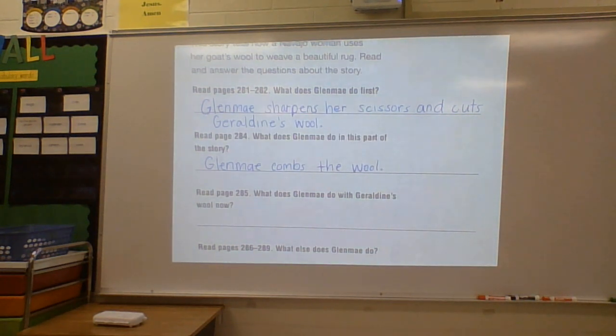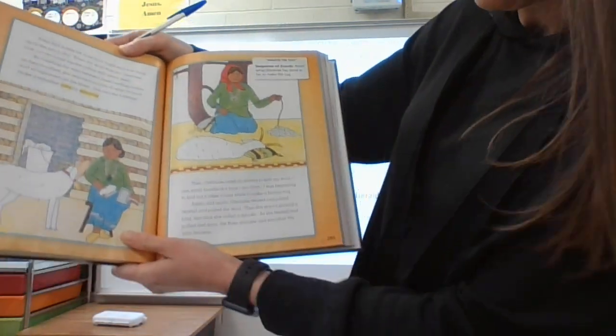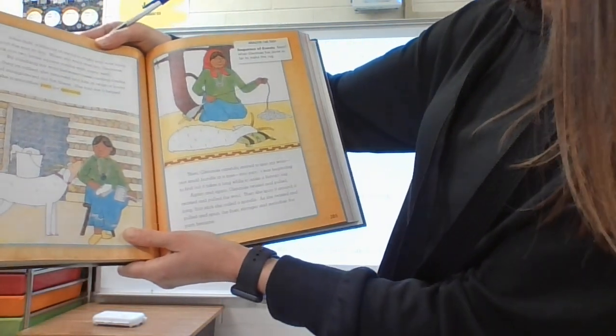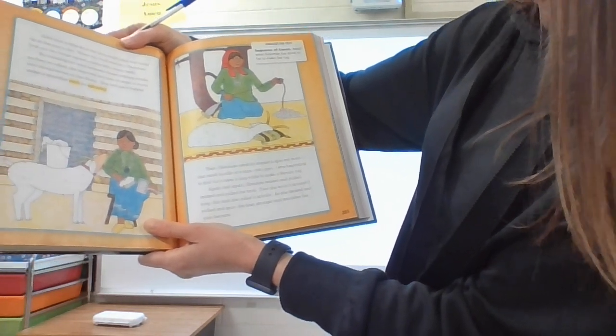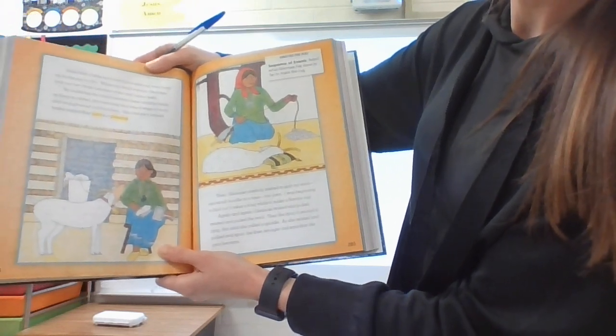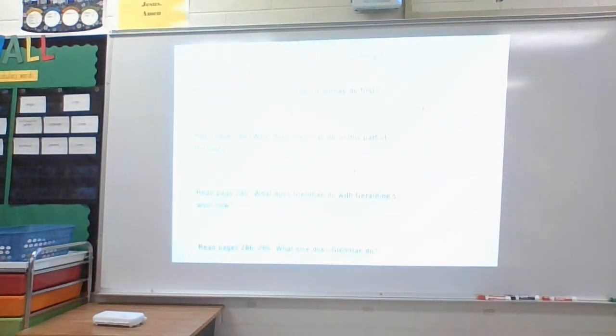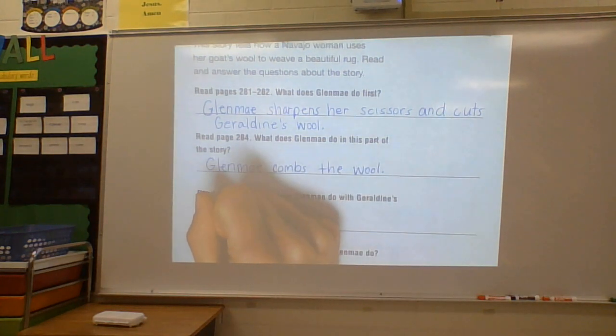Read page 285. What does Glen May do with Geraldine's wool now? Well, here's page 285. She carefully started to spin the wool, one small bundle at a time, into yarn. So she's spinning the wool into yarn. We're going to go ahead and put that into a complete sentence. Now, I've got to start off with Glen May.